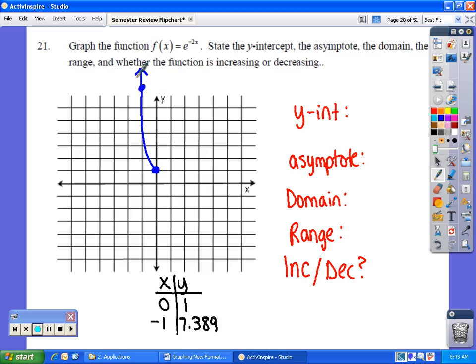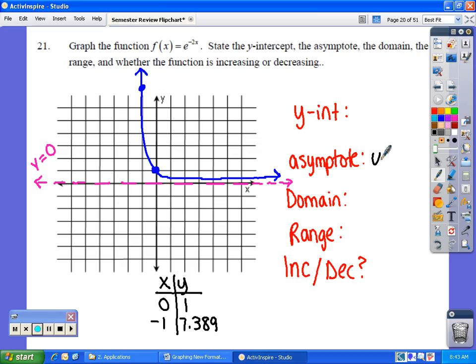Now remember, all exponentials have an asymptote. So we are going to continue this exponential graph all the way to the right, meaning that we do have an asymptote. So always draw a dotted line where your asymptote would be. Since that lies right on the x-axis, that asymptote is labeled as y equals 0.